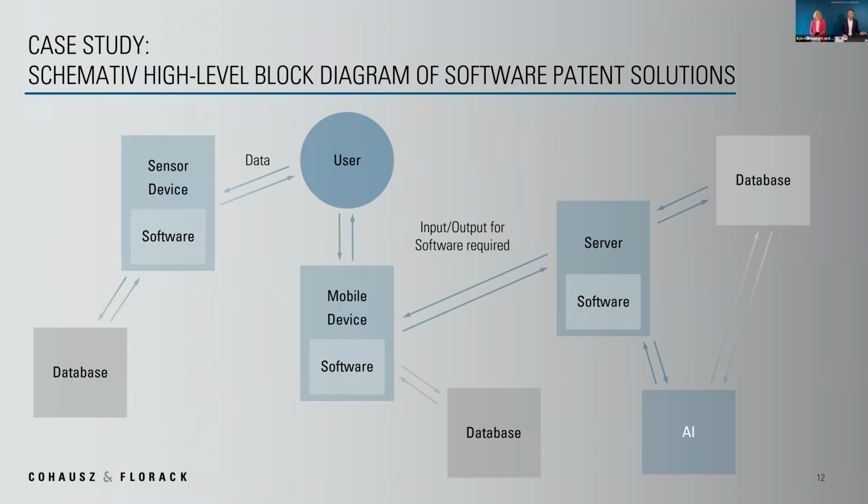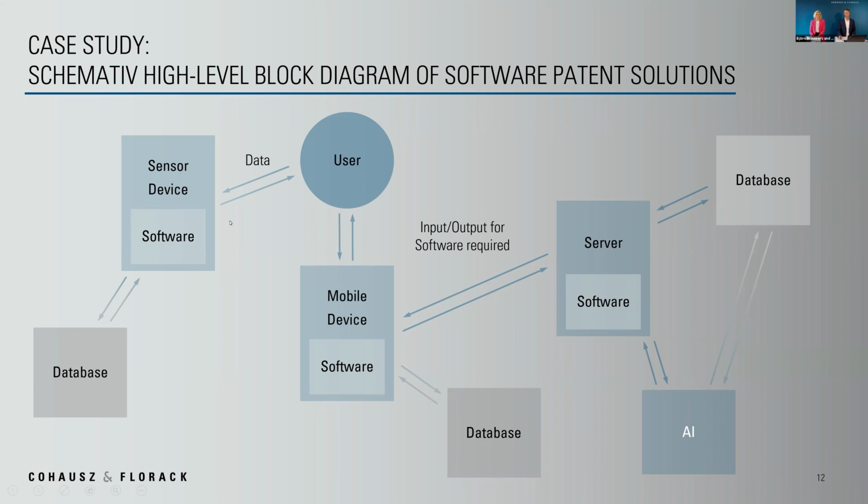What we always recommend is to use a block diagram. Here I've drawn a quite simple block diagram of typical inventions involving different devices related to the digital aspects. What we often see is that there is some kind of sensor device, some kind of mobile device and a server, and each of those entities shares information between each other.